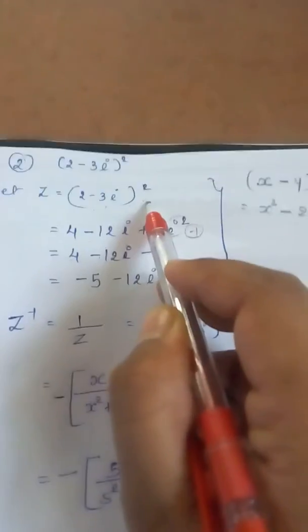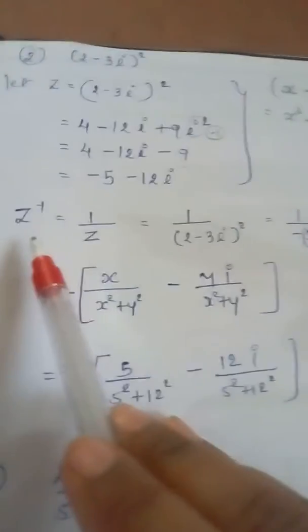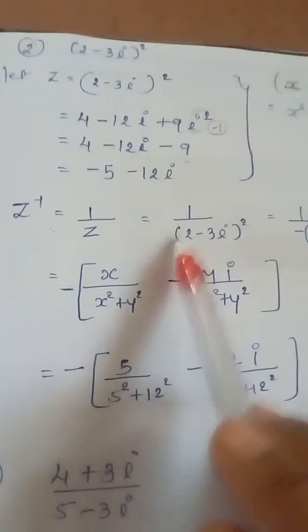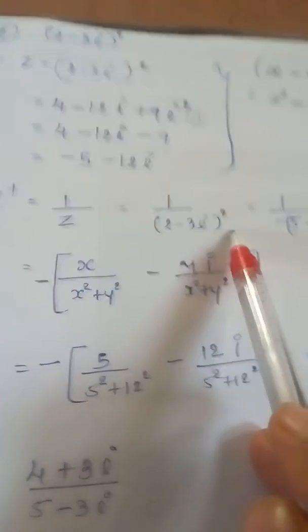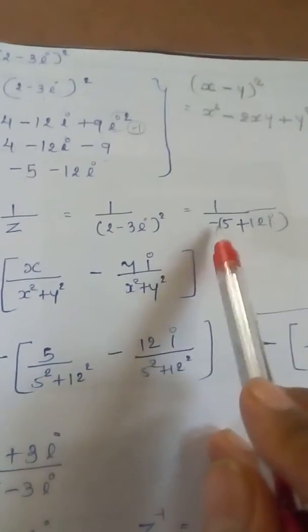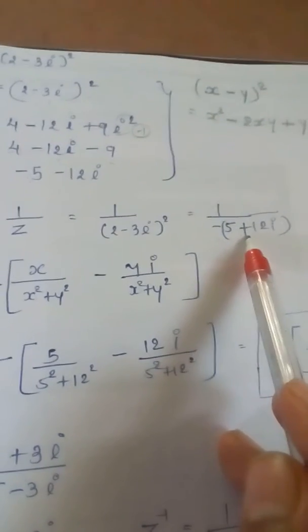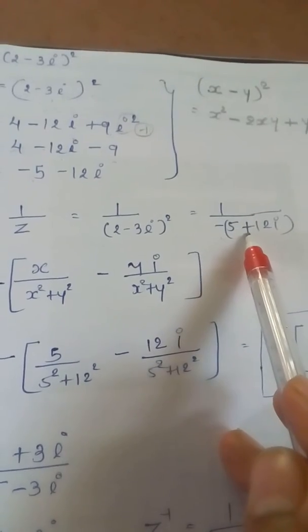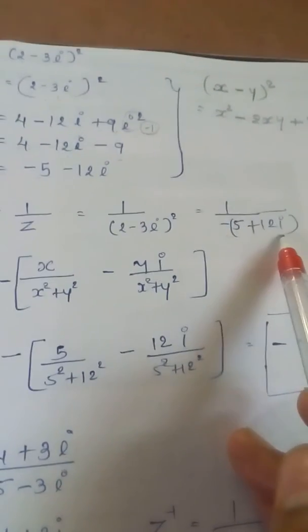So if we want to find the inverse, 1 by 2 minus 3i whole square will be 1 by minus 5 minus 12i. If we take the minus sign common, then the signs under the bracket change, so it will be plus 5 plus 12i.